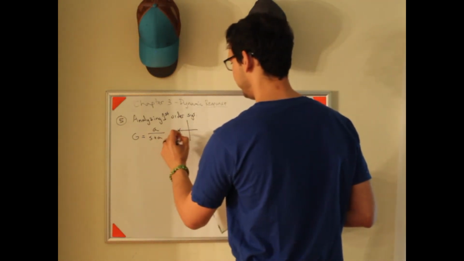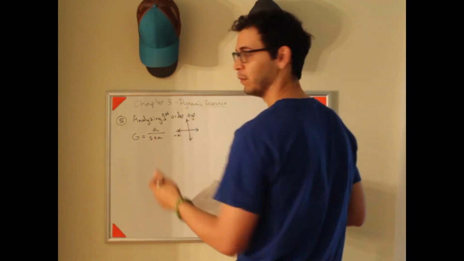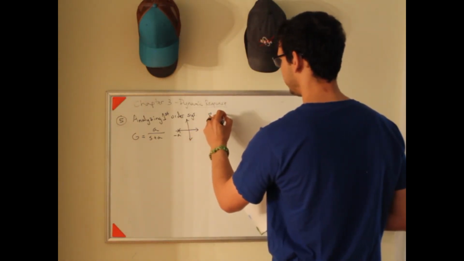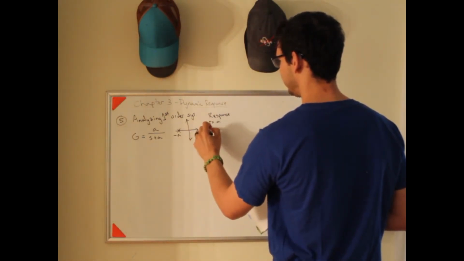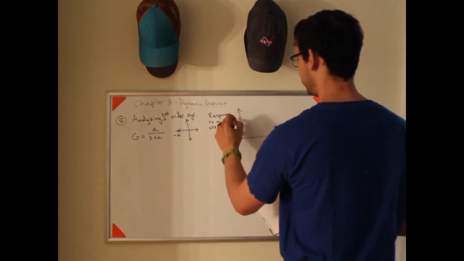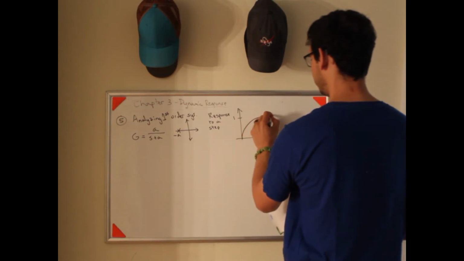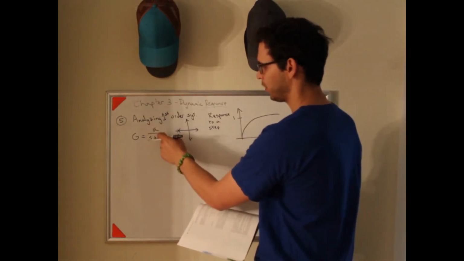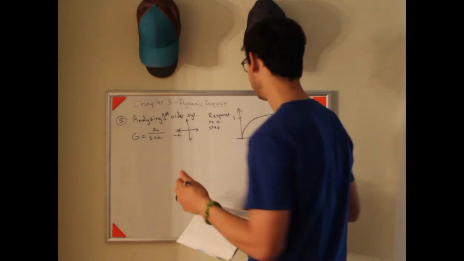one pole at negative A, it's stable. The response to a step looks like this. And I know it goes to 1 because the final value theorem says that A over A is 1.